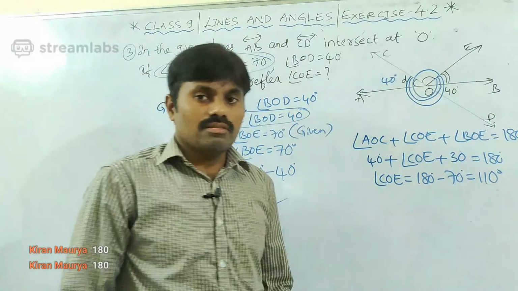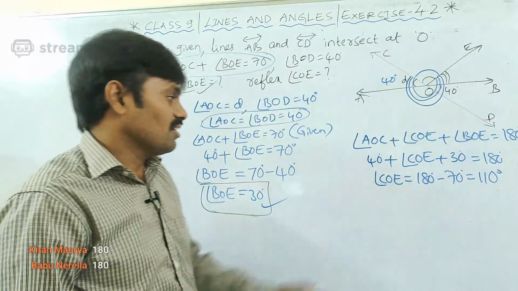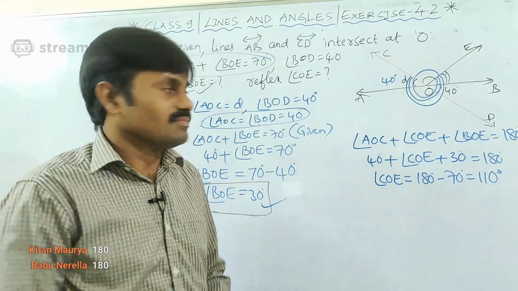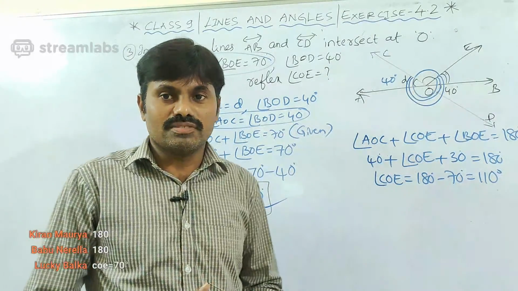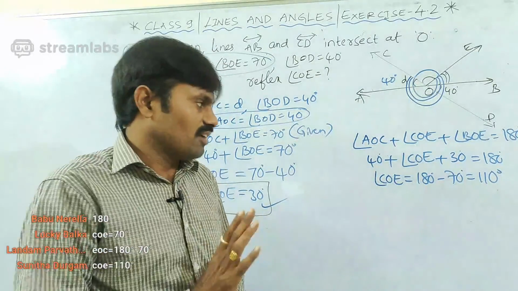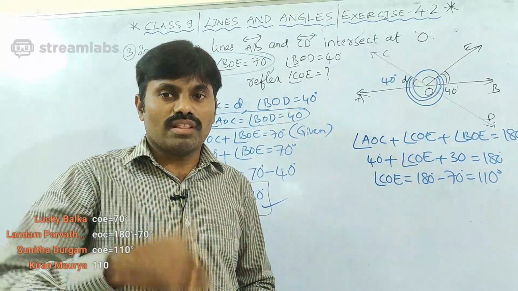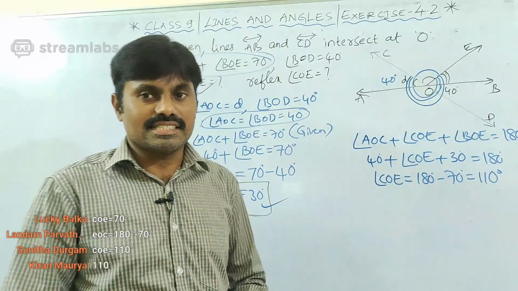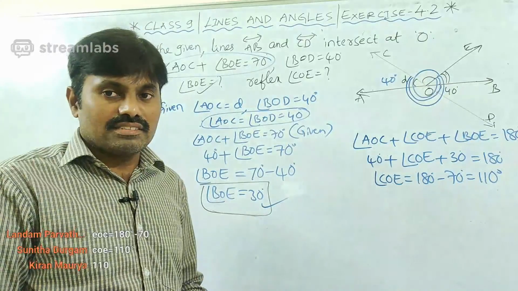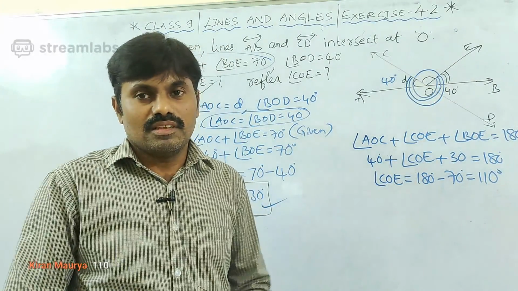Now they ask us to find the reflex angle of COE, not angle COE. What is the range of a reflex angle? It is more than 180 and less than 360. The sum of an angle and its reflex angle is 360.